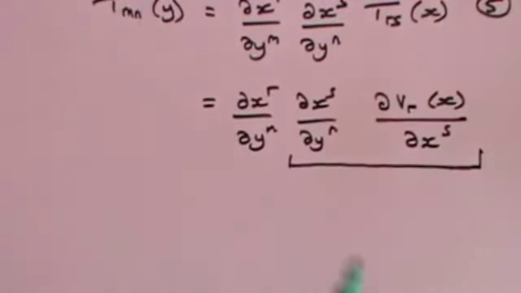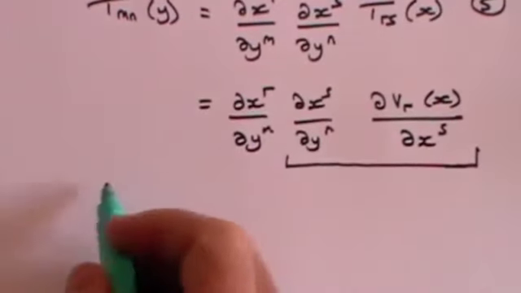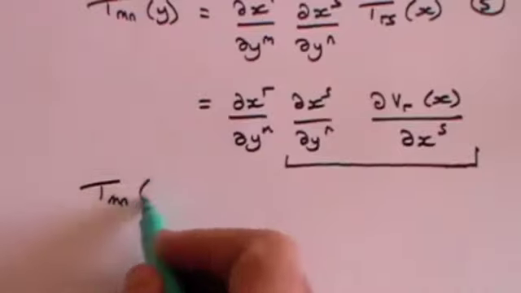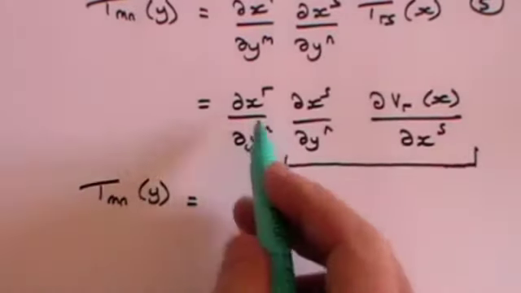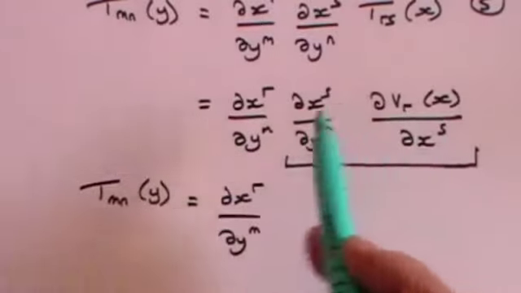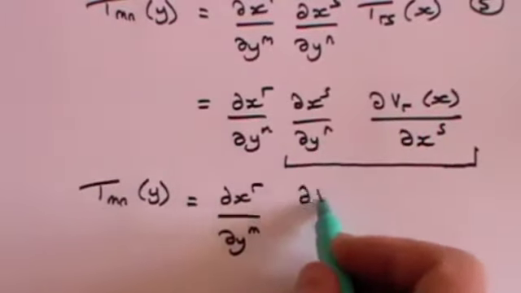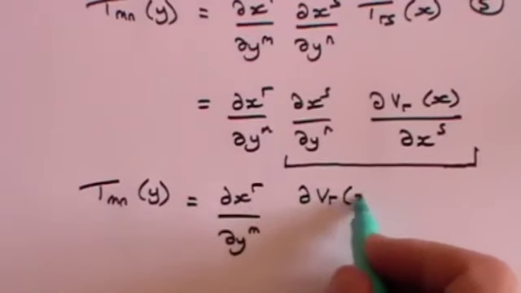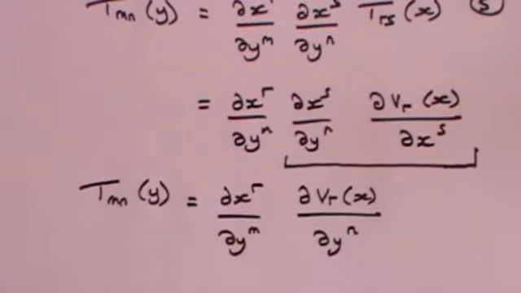And so you get that Tmn in the y frame of reference, which is what we're trying to calculate, is equal to this term here, dxr by dym, times this contracted, which is just dvr by dy, so this is dvr in the x frame of reference divided by dyn.